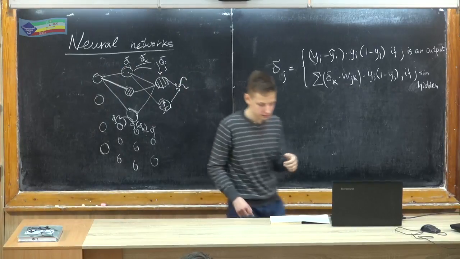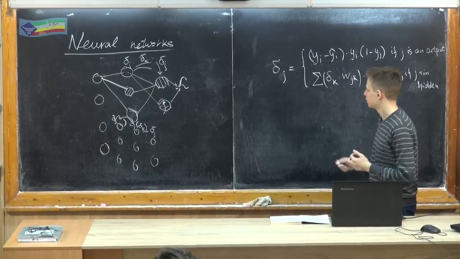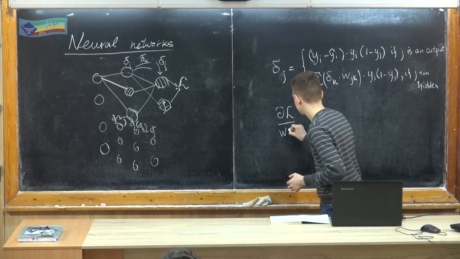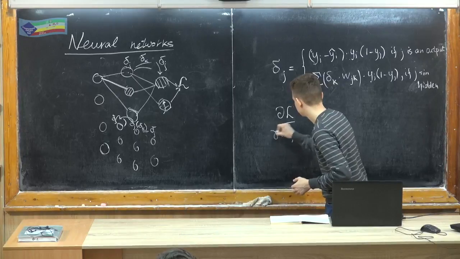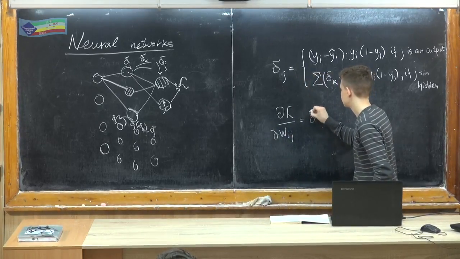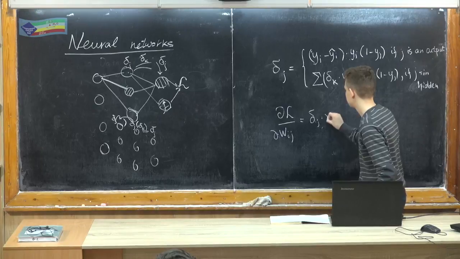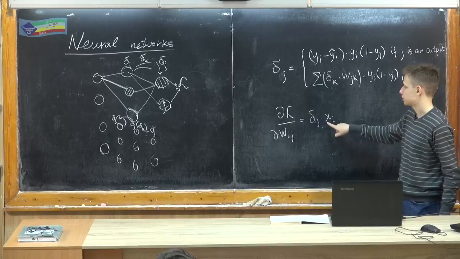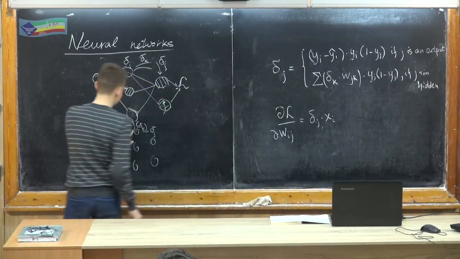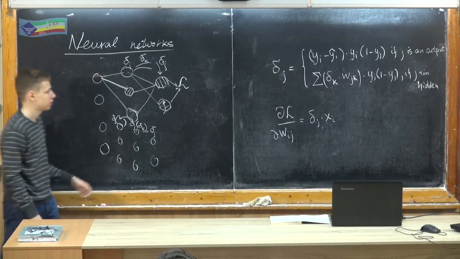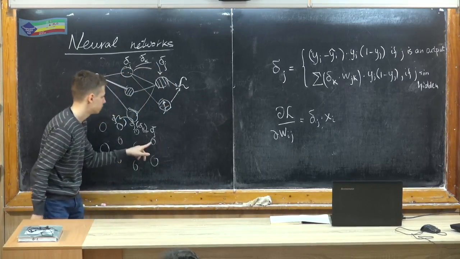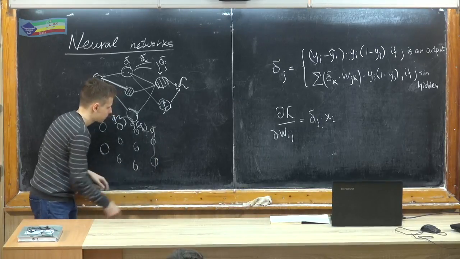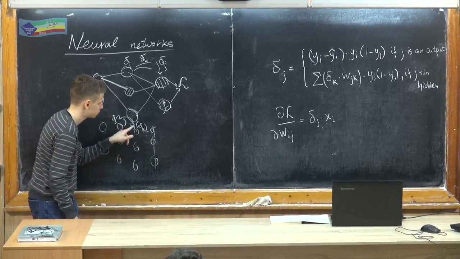And then all partial derivatives can be very easily written as just delta j multiplied by input y. And this input is an input from a previous layer. So if we are calculating, for example, so we've calculated delta j for this output layer, then we use it as delta k for this layer.